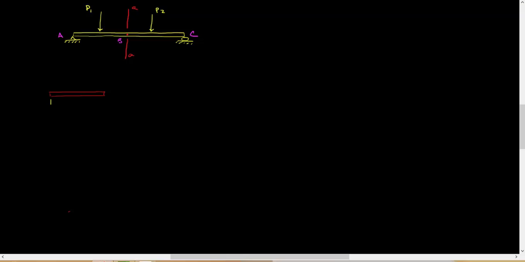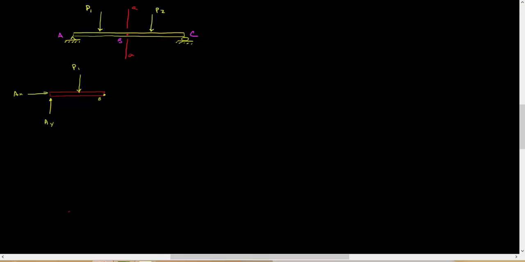I'm going to have my reaction forces. So I have AY and I have AX. I have this loading here. Now it would have a distance from some point, but since I'm not showing a distance, it's okay for now. This is point B, so I'm just going to label that point B right there.